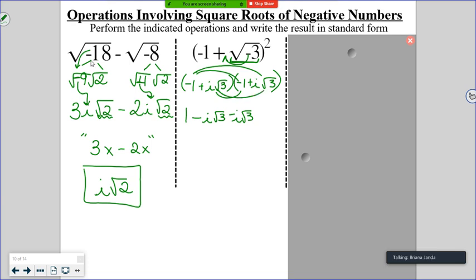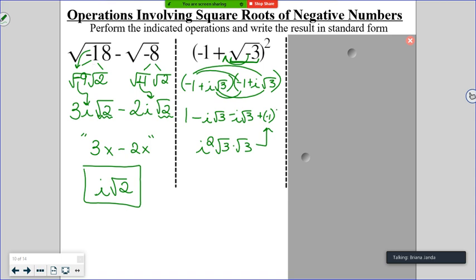i square root of 3 times i square root of 3. i times i would be i squared. What is square root of 3 times square root of 3? 3, right? So we would have here negative i squared, which is negative 1.